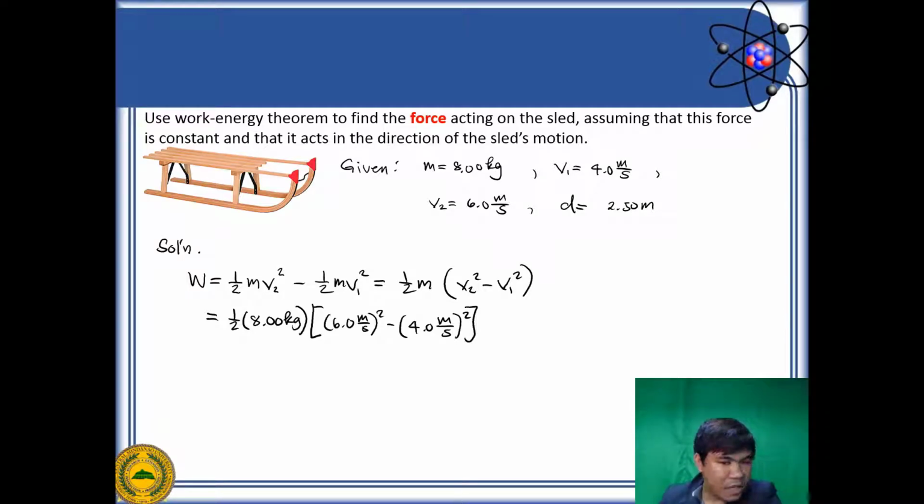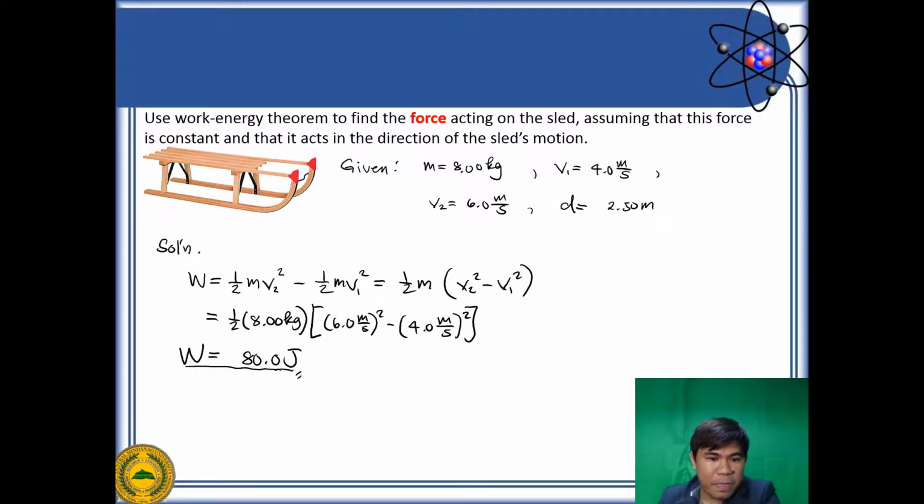If you calculate the result, this yields 80 joules. So that's the work done by the force that acts on the sled, and that force is constant.